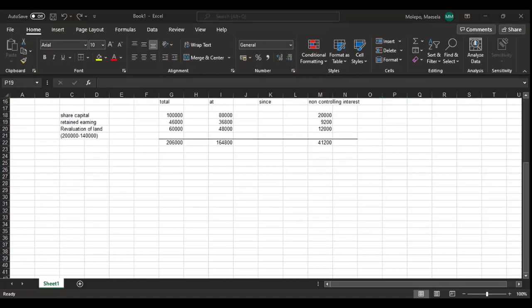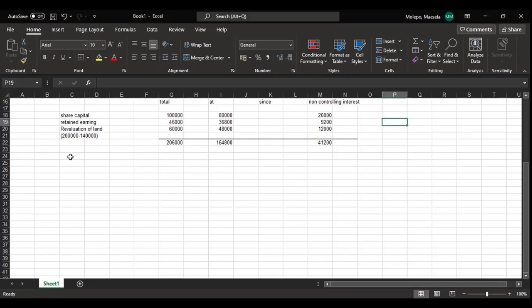And then we check how much this guy purchased. They said the investment done by this guy on the pre-adjustment trial balance, the investment in B Limited, is 164,800.